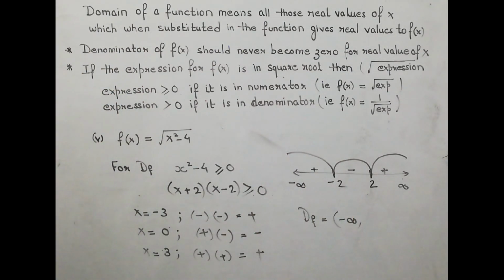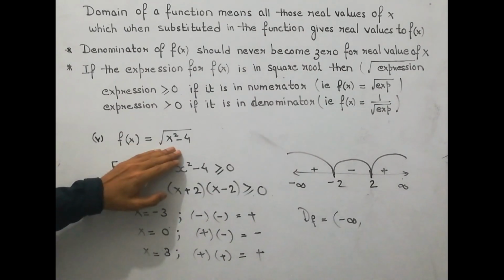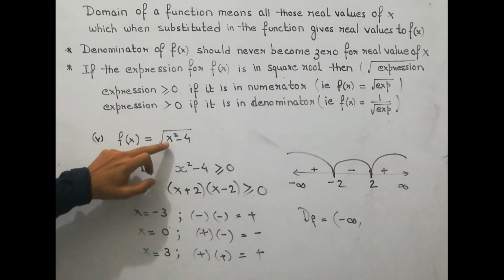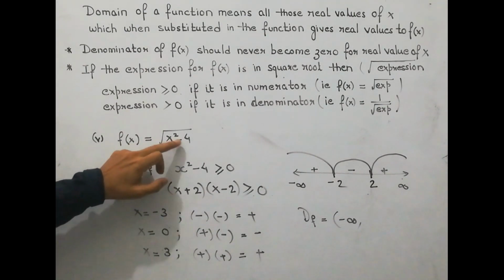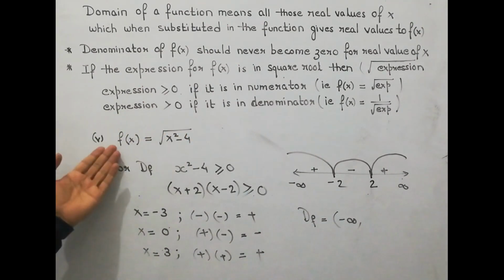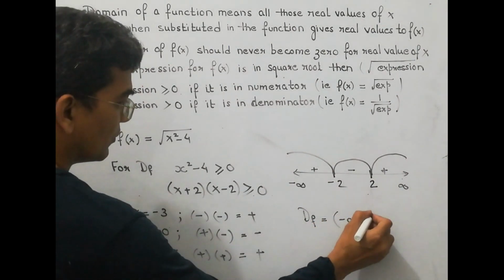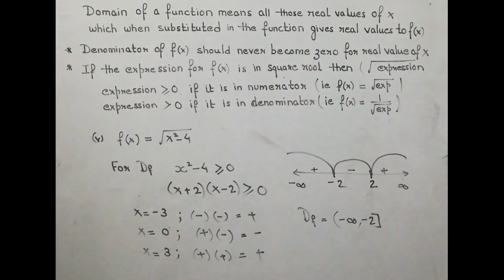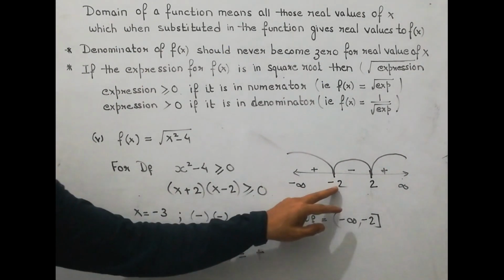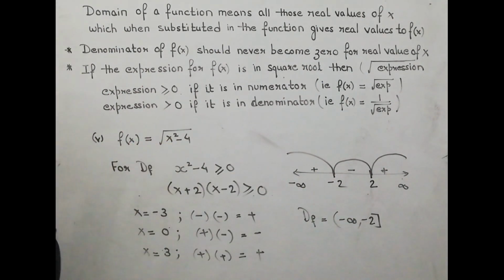Now this -2, if you substitute -2 over here, will the value of fx remain defined? If you put -2 over here, it becomes 4 minus 4, that is 0. That means fx is getting a defined value. So you can take -2, included. If on substitution of -2 you were not getting a defined value, then you would have left out -2.